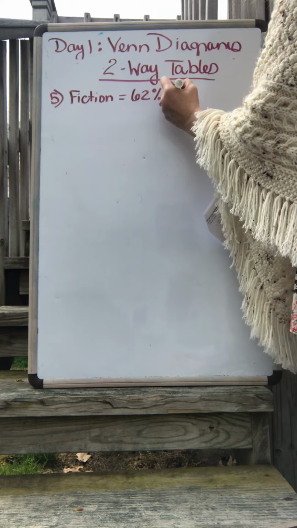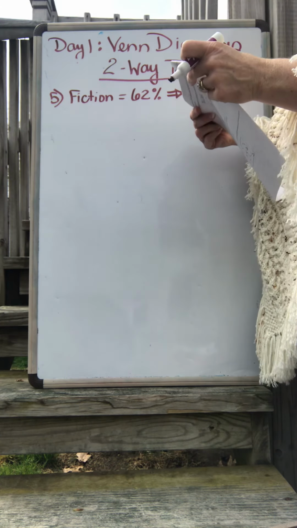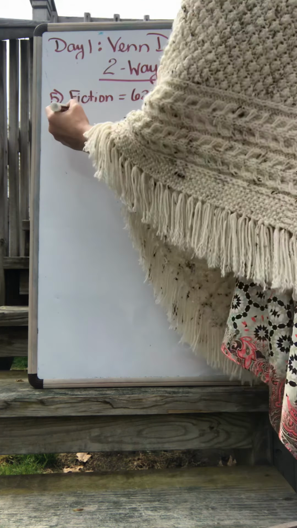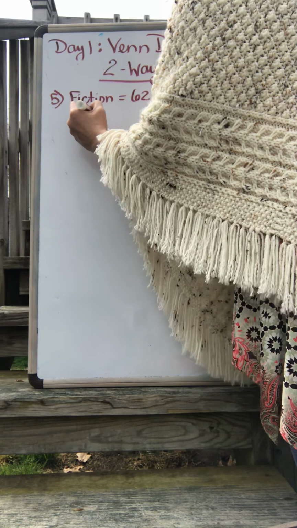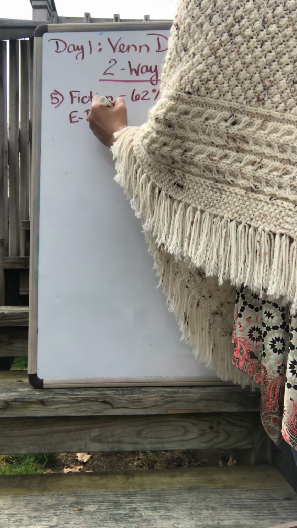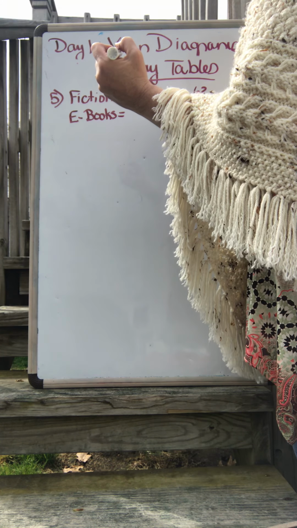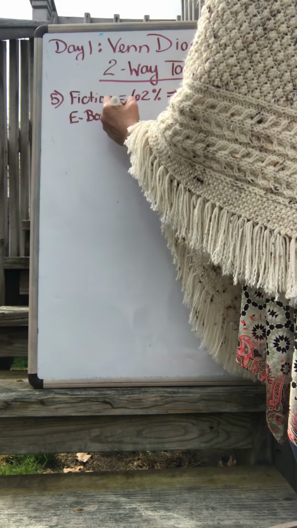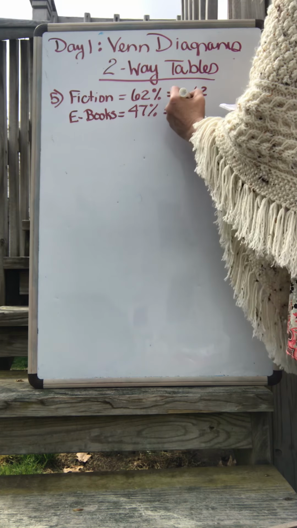Now I want to convert that and use that as a decimal. 47% are available as ebooks. Now they don't tell me if this is fiction or nonfiction, they're just telling me it's an ebook. So an ebook is 47%, which then becomes 0.47.